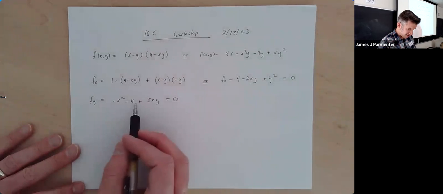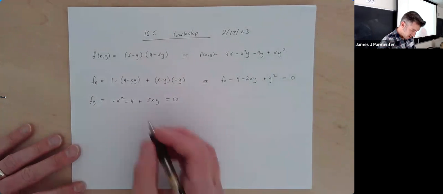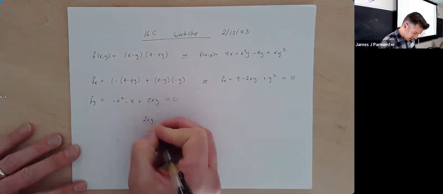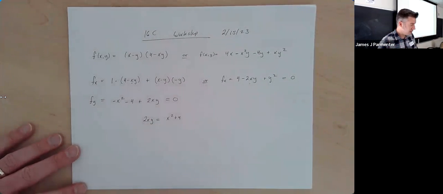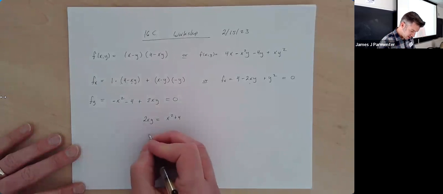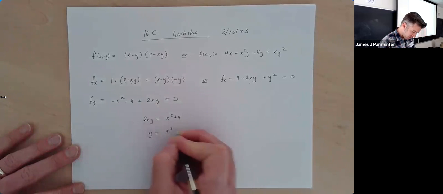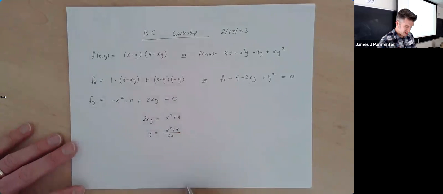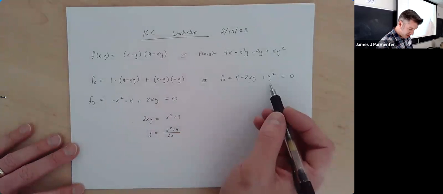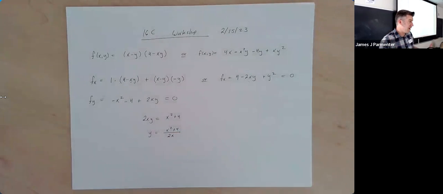So I'm going to look at this equation and try solving for y. I'm going to have 2xy equal to x squared plus 4, and then dividing both sides by 2x, y equals x squared plus 4 divided by 2x. Then I'm going to substitute that in for y over here, which might be a giant mess. This might not work well.